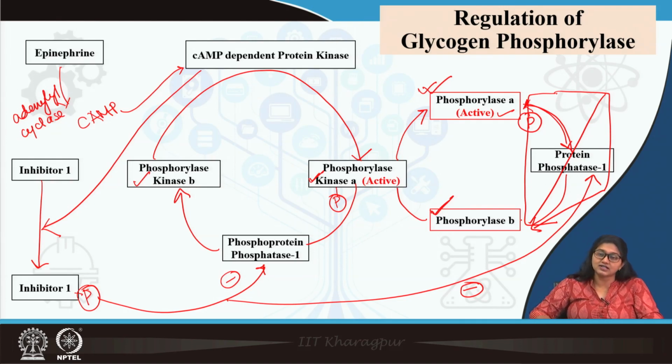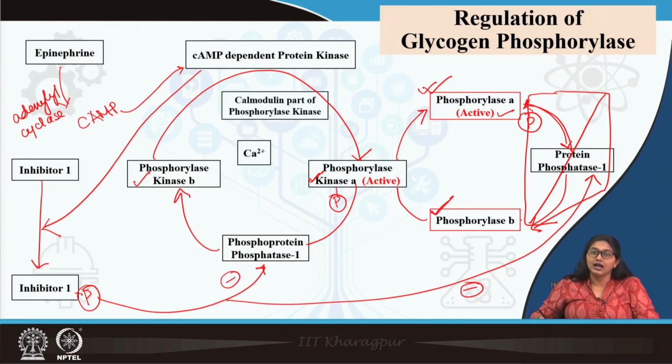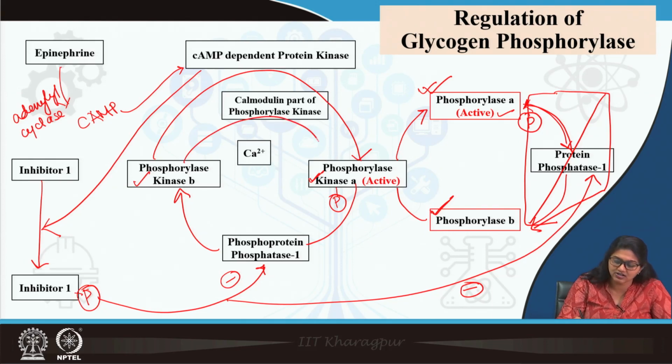In skeletal muscle, there are two important allosteric molecules. One is calcium. Calcium activates the calmodulin part of phosphorylase kinase, which has a domain similar to calmodulin that is induced by calcium. So, calcium also helps to form the activated form of the kinase.